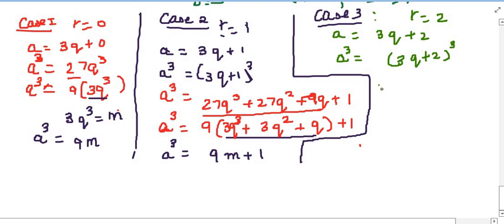So we can say that a cube will be equal to 27q cube plus 8 plus 54q square plus 36q.